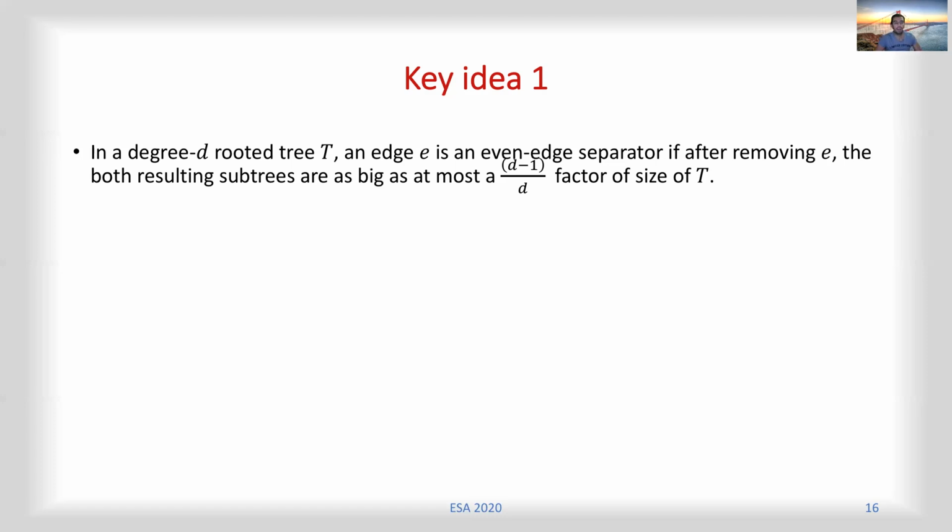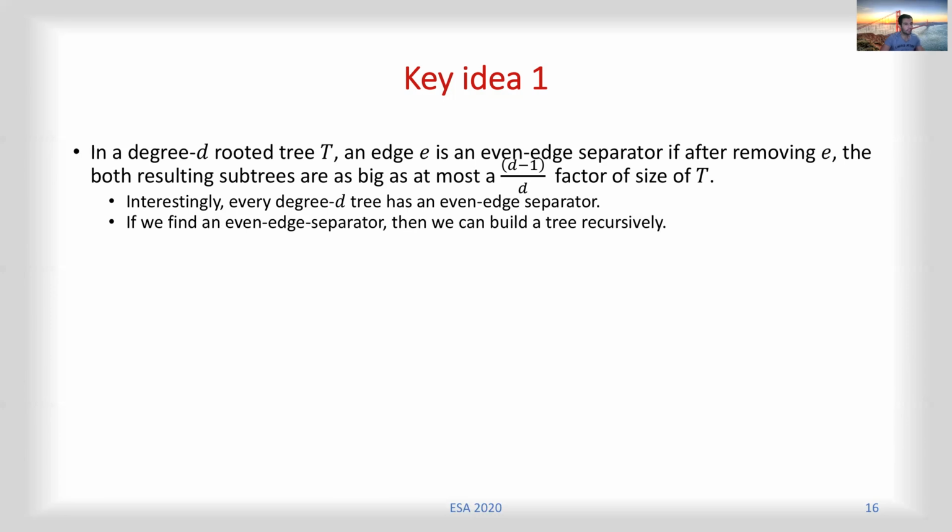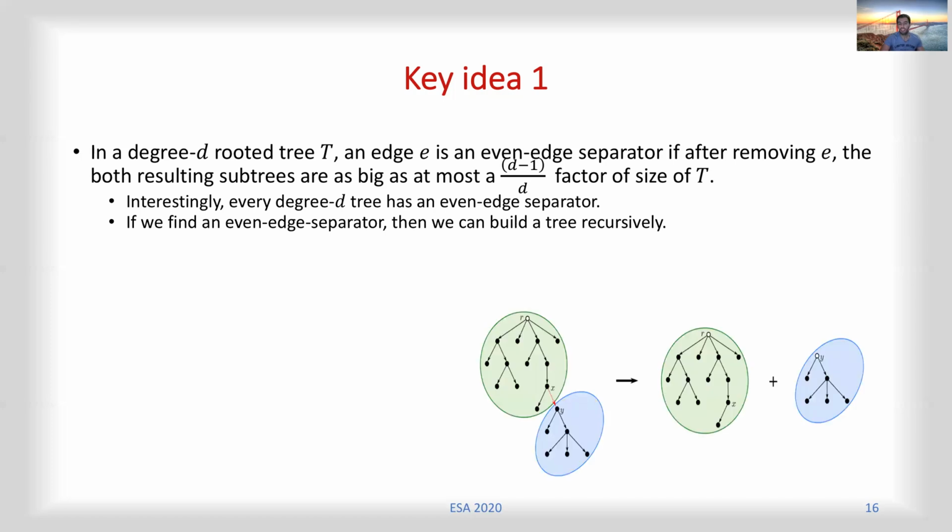Remember that d is the maximum degree of the tree. We know that every tree of degree d has an even edge separator. It might not be unique, but it has one. And if we find an even edge separator, then we can build the tree recursively and probably very efficiently.